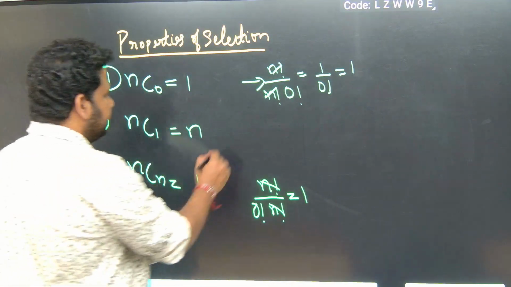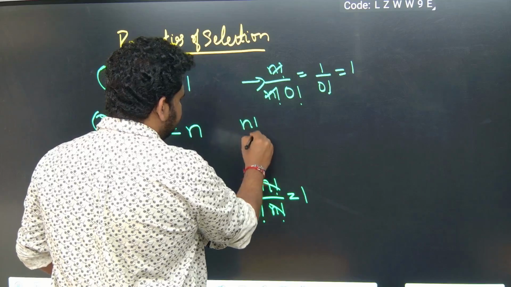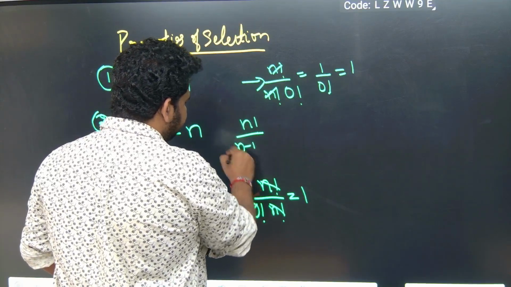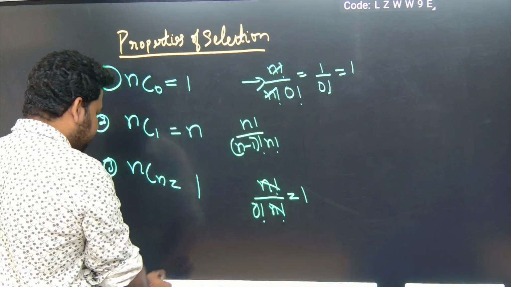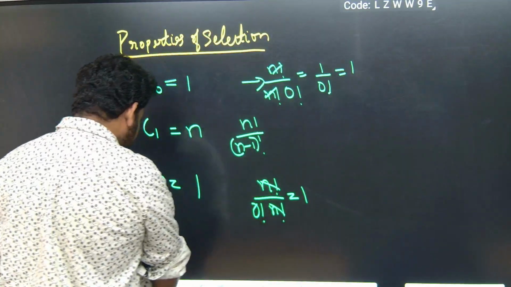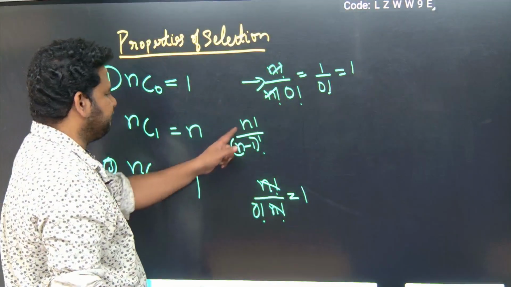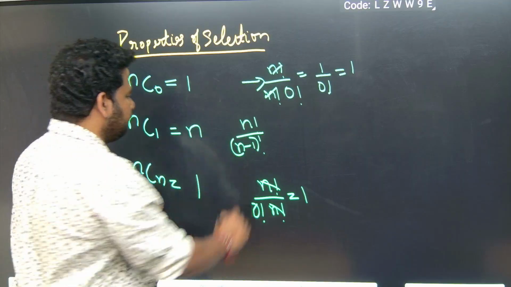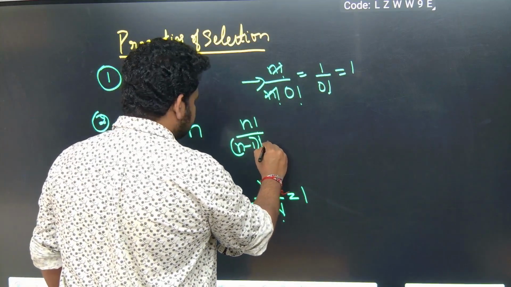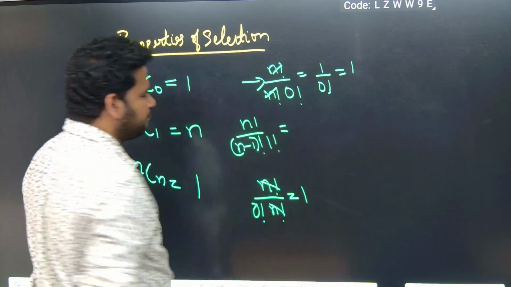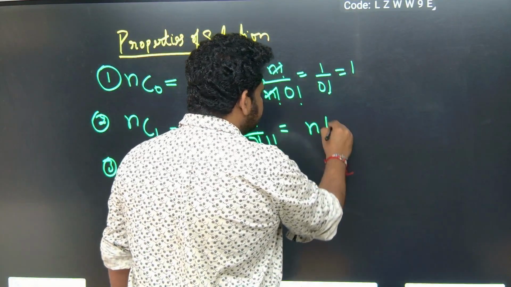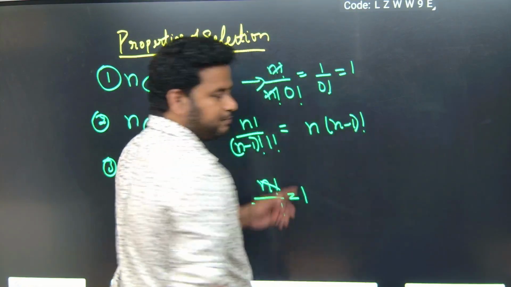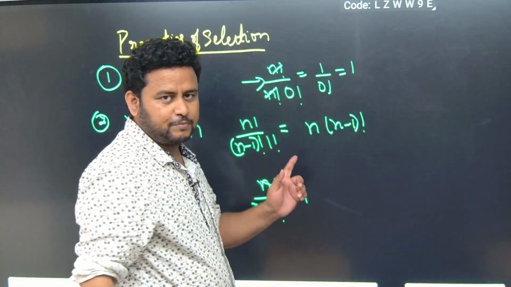Now nC1, let me write it: n factorial by (n minus 1) factorial into 1 factorial, since r is 1. So n factorial can be written as n into (n minus 1) factorial, using the factorial property.